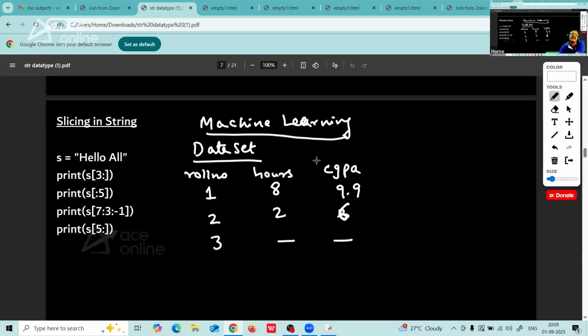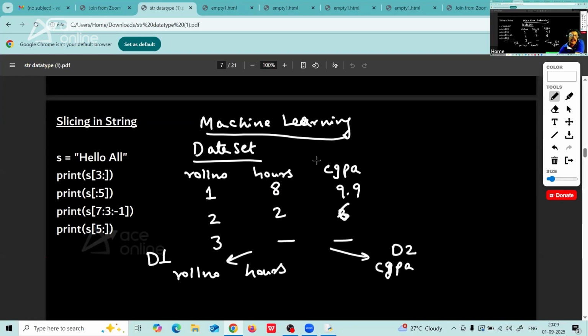From this existing data set, you want 2 new data sets such that one of the data sets will contain only roll number and hours. Let's call this D1 data set. And another data set will contain only CGPA. This is D2 data set.